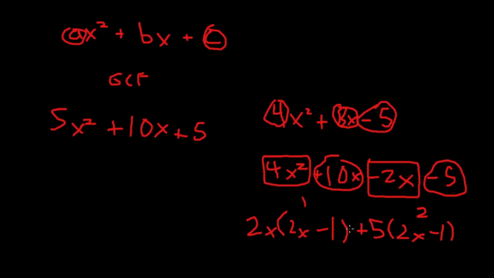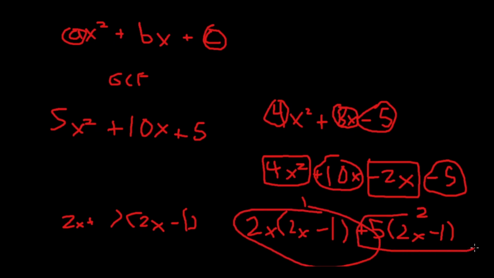Once you get it down to this form, basically, you take the stuff in the parentheses, 2x minus 1, and then in your other parentheses, you put the stuff on the outside, so 2x plus 5. I was going to say because it appears twice, you square it, but remember, this is adding, not multiplying.